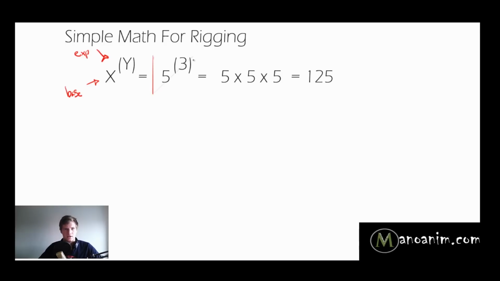Our base is 5 and our exponent is 3, which basically comes out to the same thing as writing 5 times 5 times 5. So 5 times 5 is equal to 25, and 5 times 25 is equal to 125. That's the basics of power math.